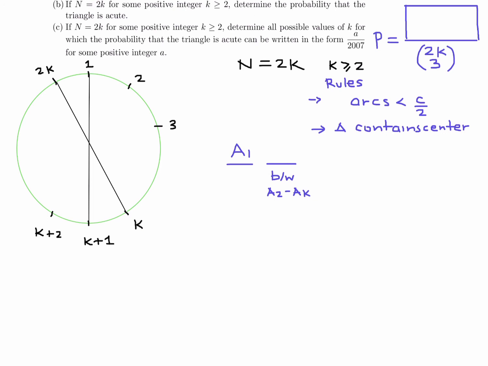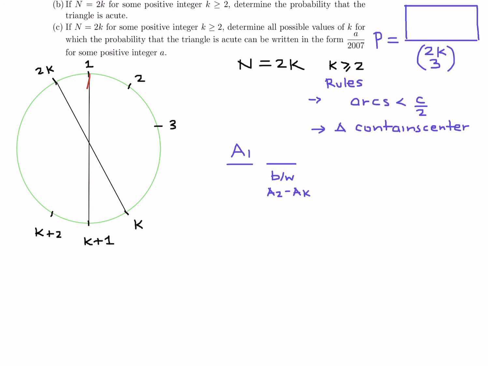Because if it was AK plus 1, then it would basically be entirely on the diameter. And then if you chose any third vertice here, that's not going to be an acute triangle. It's going to be a right triangle. Remember, I discussed that if the diameter is part of the triangle. Now, okay, you say, okay, I'm convinced about k plus 1, but why can't it be k plus 2?